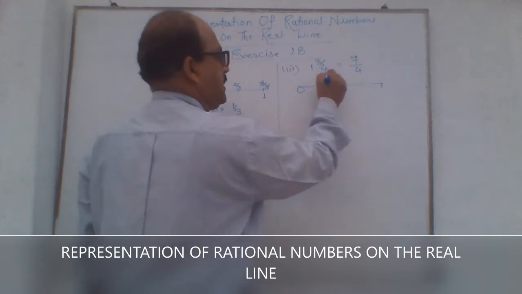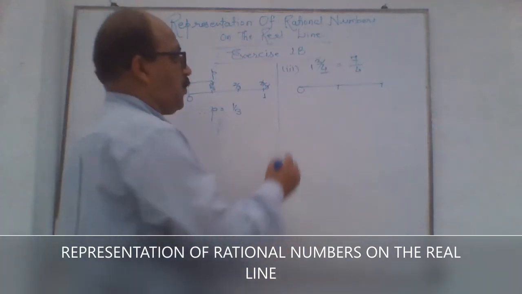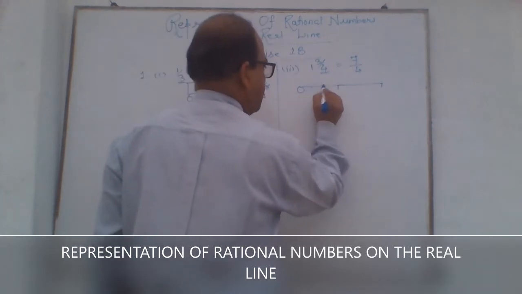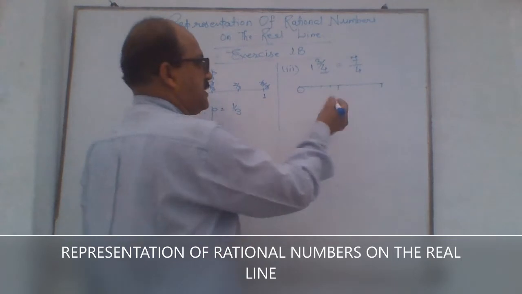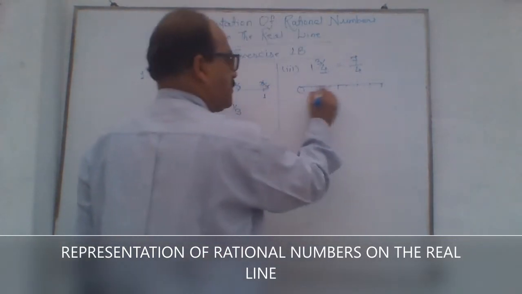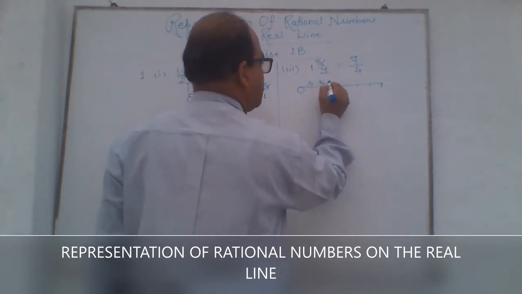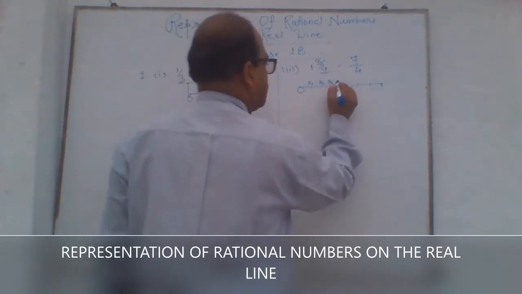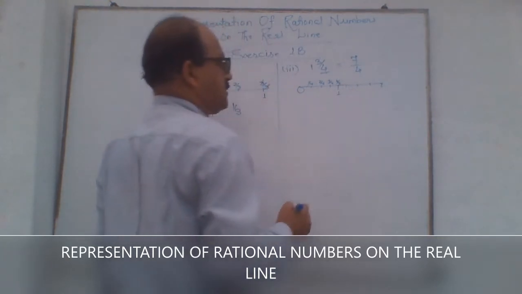Here in place of the denominator, 4 is written. So one block will be divided into 4 equal parts. Again the next block is divided into 4 equal parts, and the first one is called 1 by 4, second is 2 by 4, third is 3 by 4, then 4 by 4 which will be cancelled and it becomes 1.